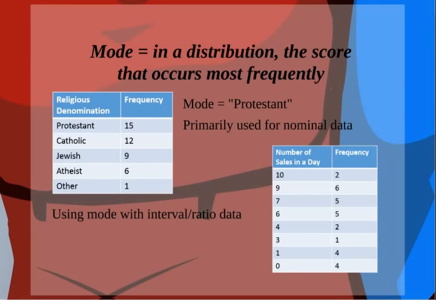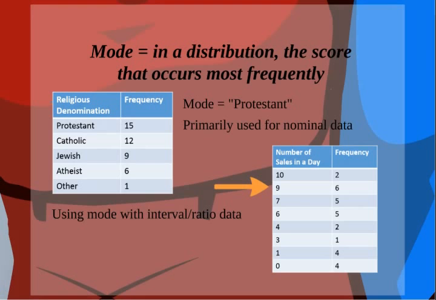With mode, if we're looking at interval ratio data, we're not looking necessarily at central tendency. What we're doing is identifying the frequency of a particular score. In this case, we have 9, so this is telling us most people sold 9 cars that day.